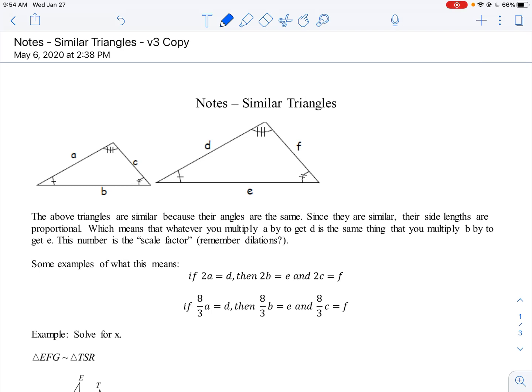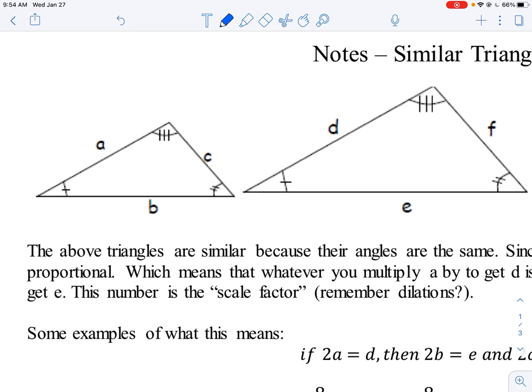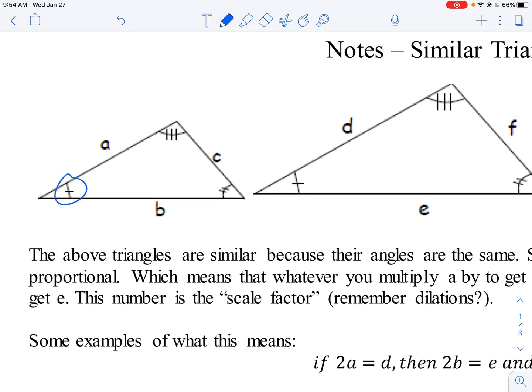And what that means is if you have two similar triangles, and by the way, similar triangles means they have the same angles. So these matching tick marks mean they're the same angles. Maybe their angles are 30, 40, and 110, possible angles there.